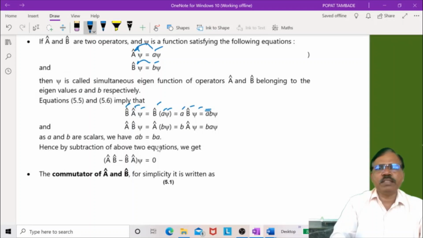And AB psi is equal to A operating on B psi, which is b times the operator A on psi, and it will give you BA psi.